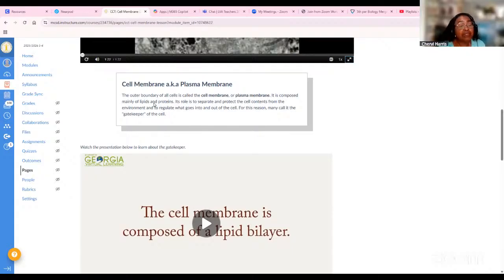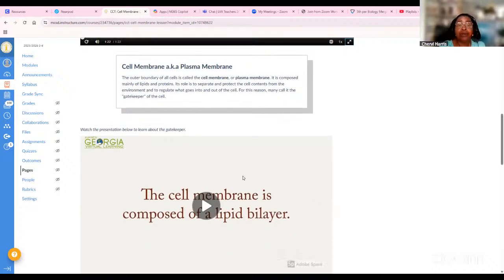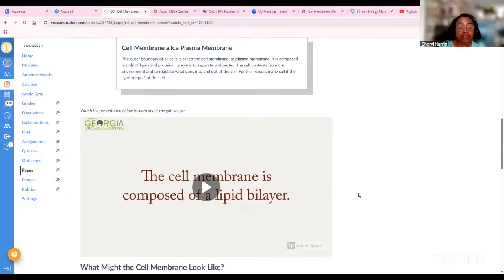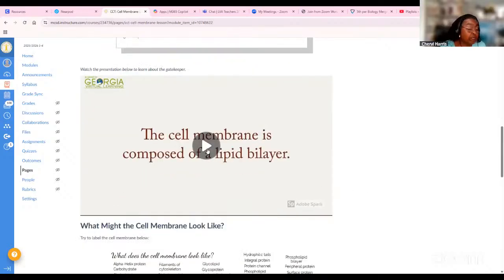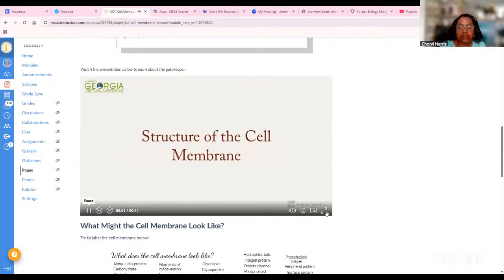All right, so it has two ends, hydrophobic and hydrophilic. Phobic always means you're scared of something or avoiding something, and hydro is water. So we have the bilipid layer, and this one is going to talk about that. We talked about this on our chart. We have a picture of it on our macromolecule chart, and we referred to it too as something that was going to be in our cell membranes.